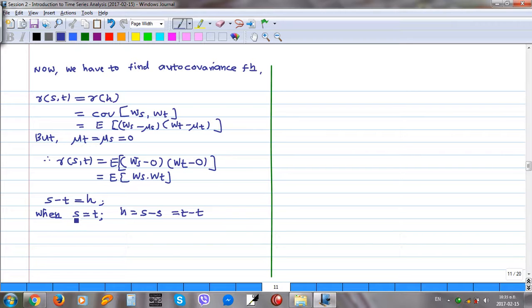Anyhow, instead of s we can write t, instead of t we can write s, that is 0. It means h equals 0.